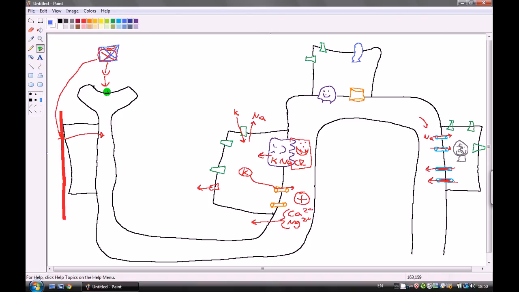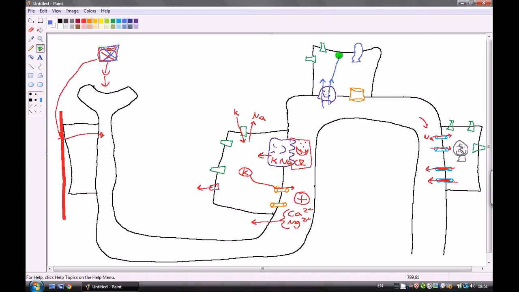The thiazide diuretic is also coming through the Bowman's capsule and through the proximal convoluted tubule through pumps. It comes through into the nephron, through the loop of Henle, and it acts on the distal convoluted tubule, which is over here. Now, this pump here is your sodium chloride pump, and usually it will bring in sodium and chloride.